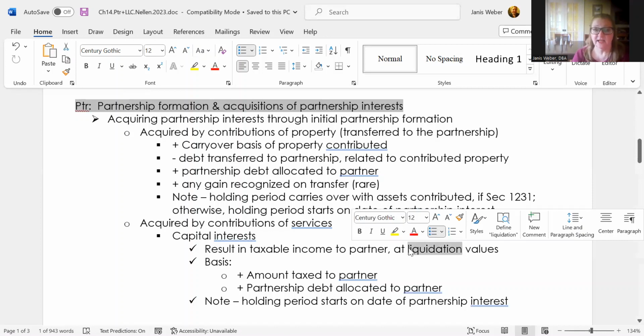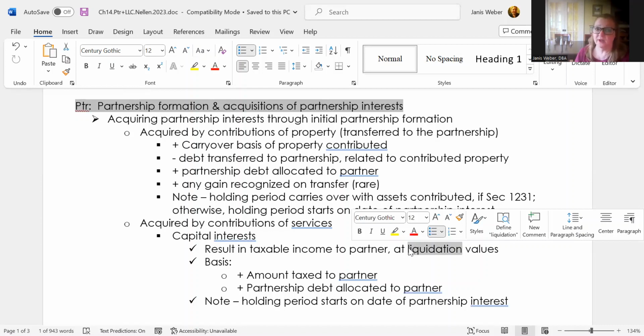If you provide services and you're getting a full-blown capital interest, then you are going to have to report services income, and then you'll have basis to the tune of those services, because the taxability of the services makes those same services your basis in the partnership interest.